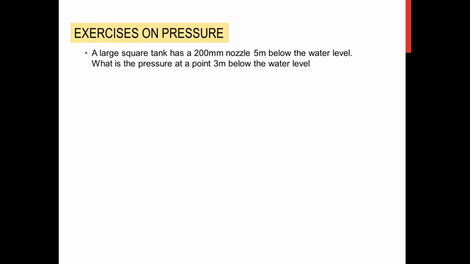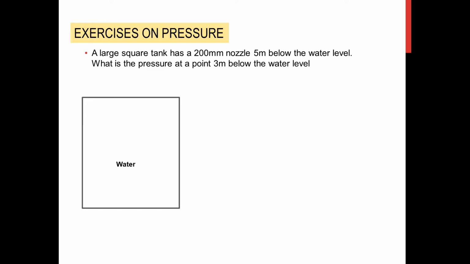So moving on to another problem. A large square tank has a 200 mm nozzle 5 meters below the water level. What is the pressure at a point 3 meters below the water level?